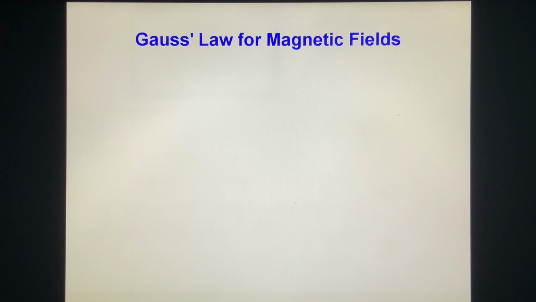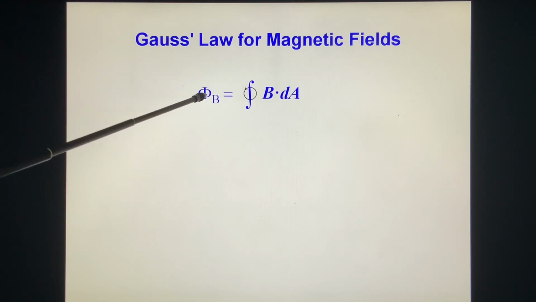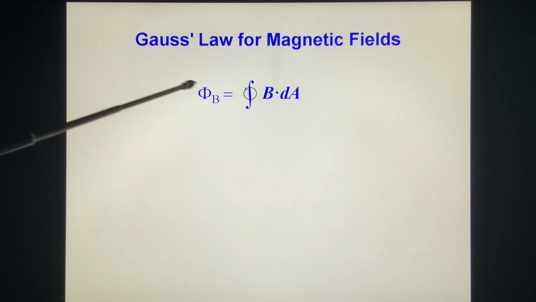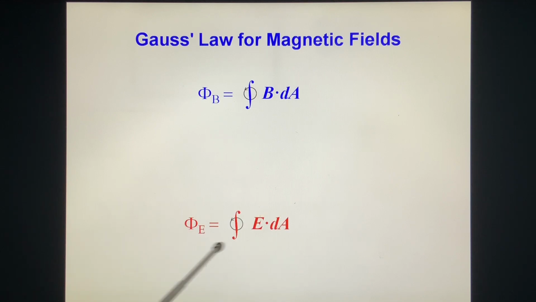Gauss's law for magnetic fields. This is the flux for the magnetic field through a closed Gaussian surface. We compare with electricity. Gauss's law tells us the integral over the closed Gaussian surface is equal to Q enclosed over epsilon 0, where Q is the net charge inside this Gaussian surface.